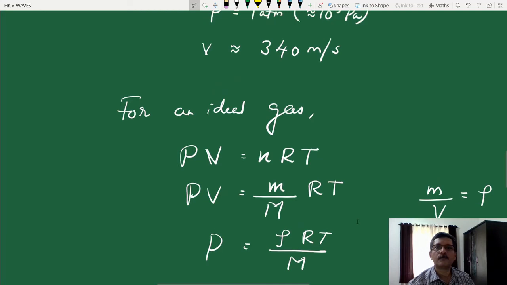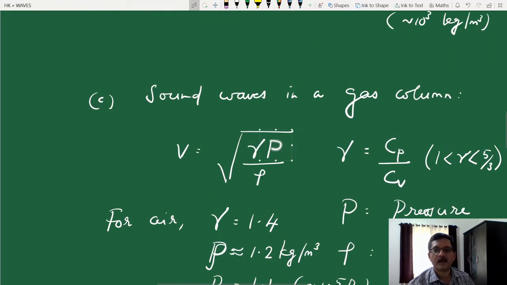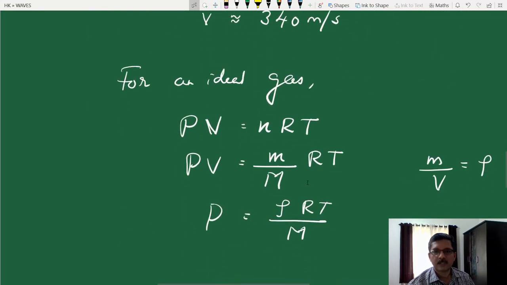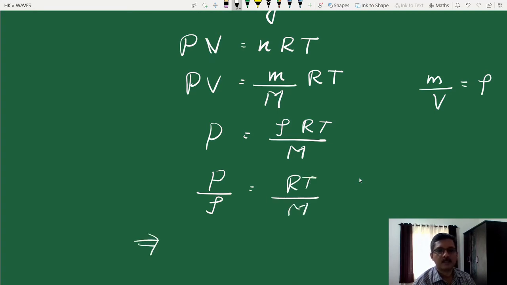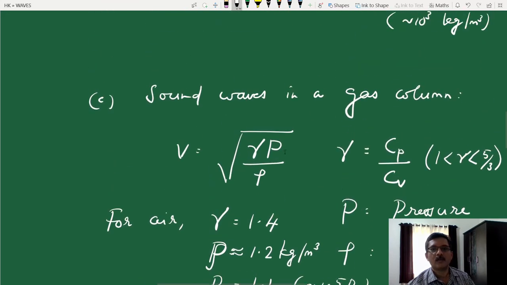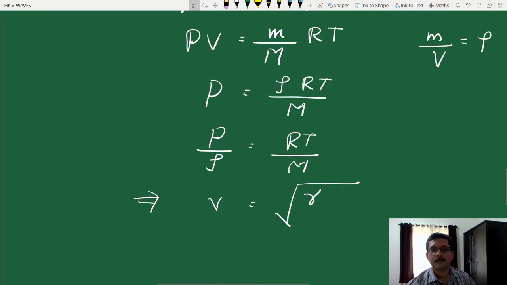Now in the expression for wave speed, we have pressure divided by density, right? So what is pressure by density from this expression? Pressure by density equals RT divided by M. This means the wave speed we can write as square root of gamma RT divided by M, substituting RT by M instead of P by rho.